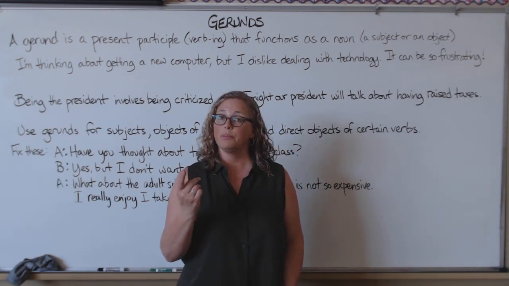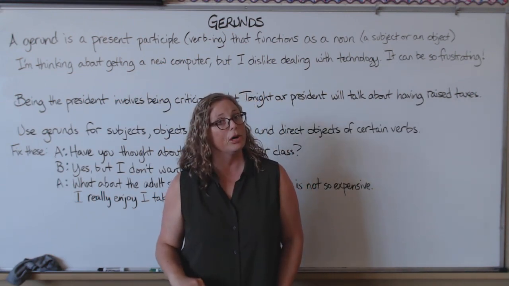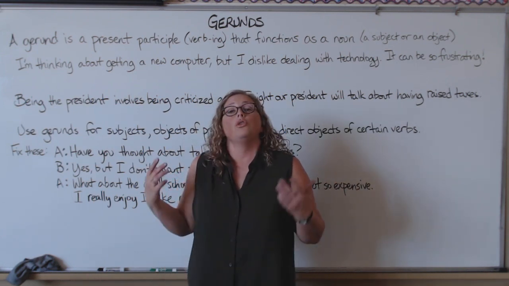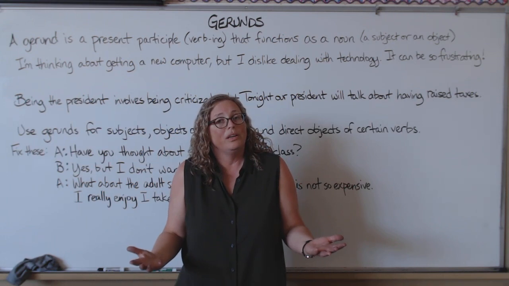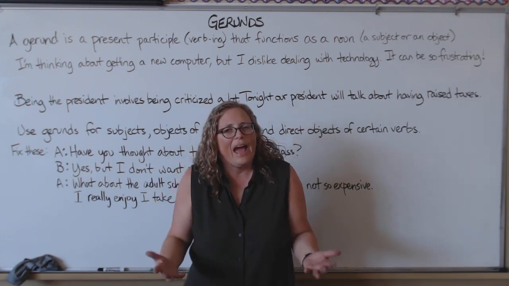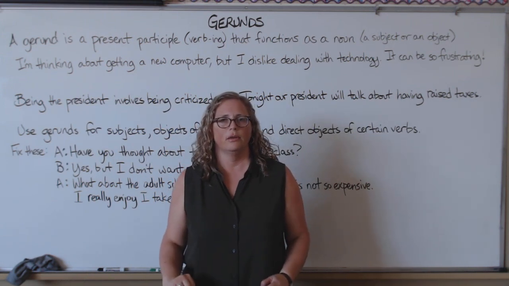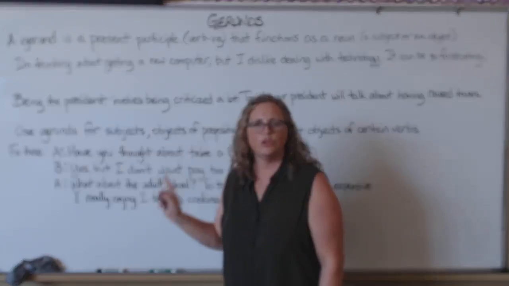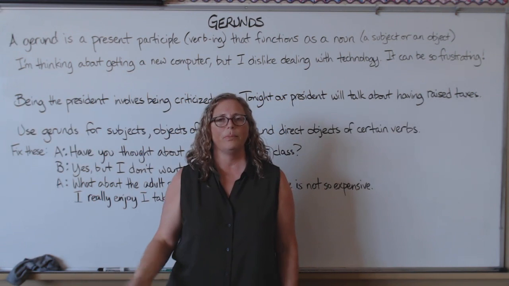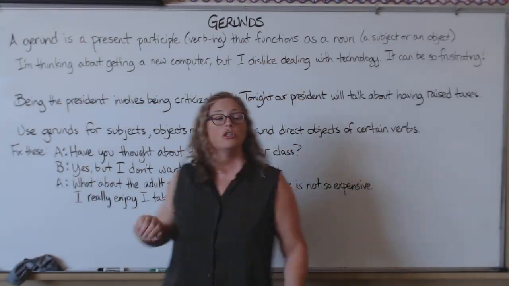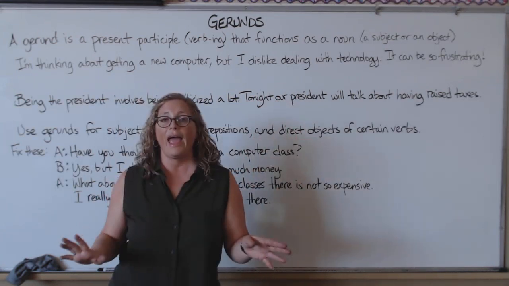A present participle can be a verb. It can also be an adjective. It can also be a noun. And if it's a noun, that is a gerund. So a verb with ing, doing, going, being, having, running, that functions as a noun.